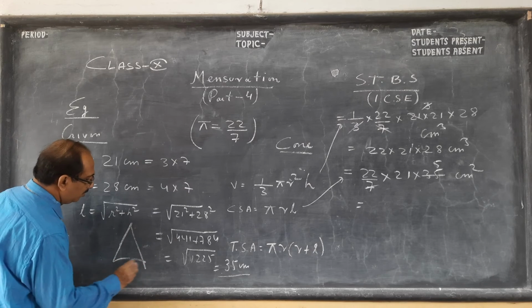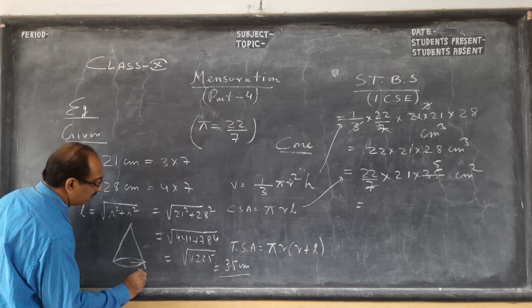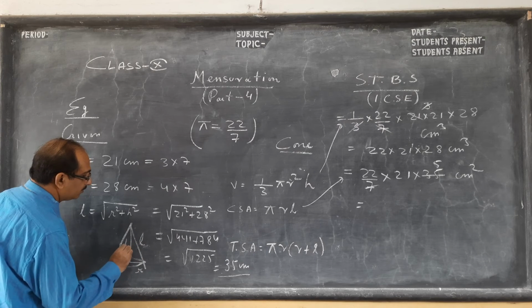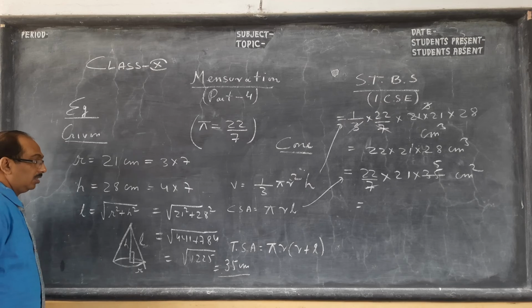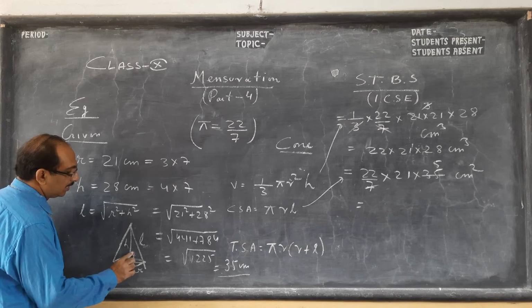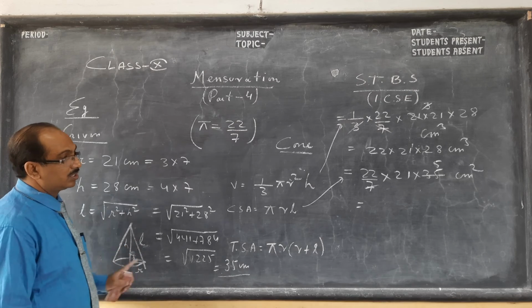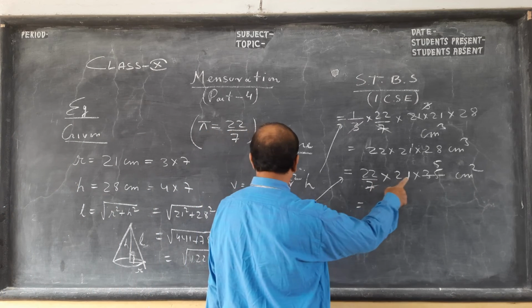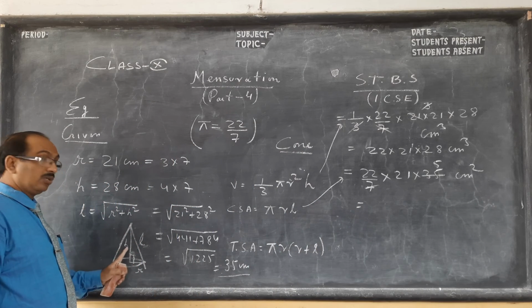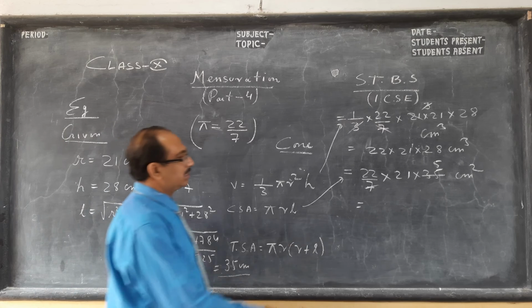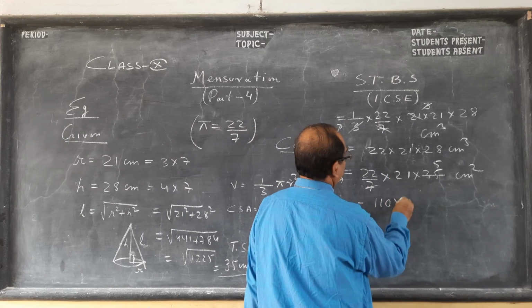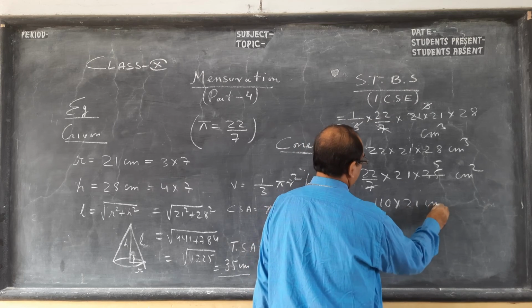If you have the cone, this is r, this is slant height, this is h. This angle is 90 degree. So we get pi r into L, slant height, not the height. We are not talking about this height, slant height. So please calculate. We'll get 22 5s are 110 into 21 centimeter square.